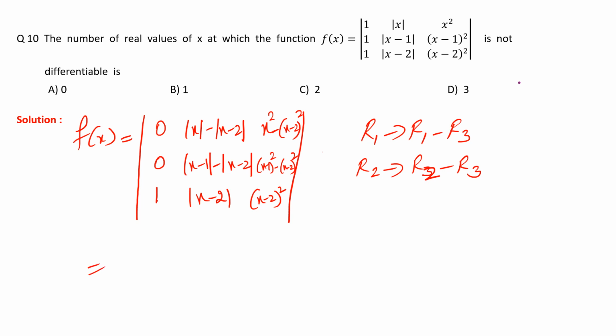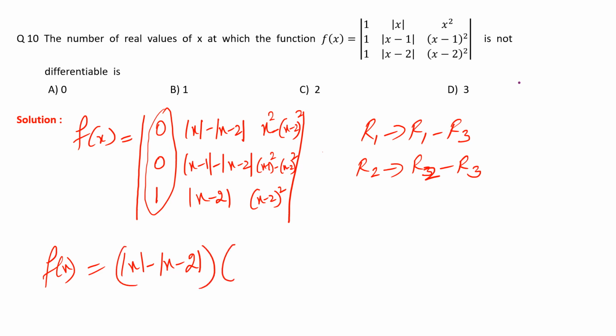Now let's expand along the first column. So the value of fx comes out to be mod of x minus mod of x minus 2 inside the bracket into, it is going to be x minus 1 whole square minus x minus 2 whole square.